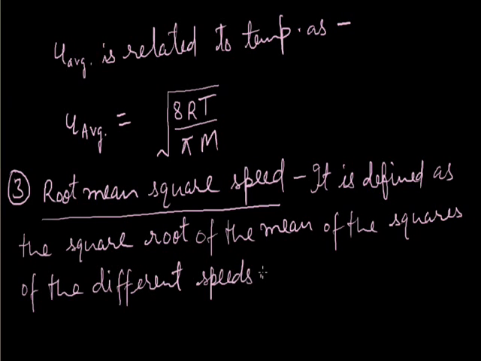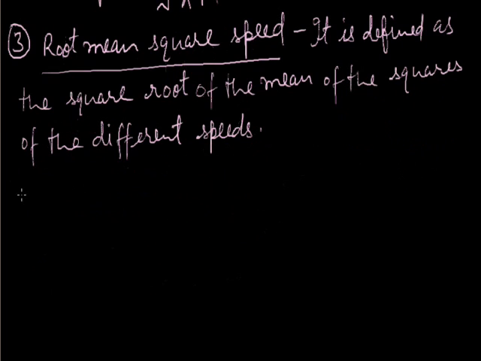If all the molecules are assumed to have different velocities, for example v1, v2, v3 and so on, vn centimeter per second, then it is expressed as follows.